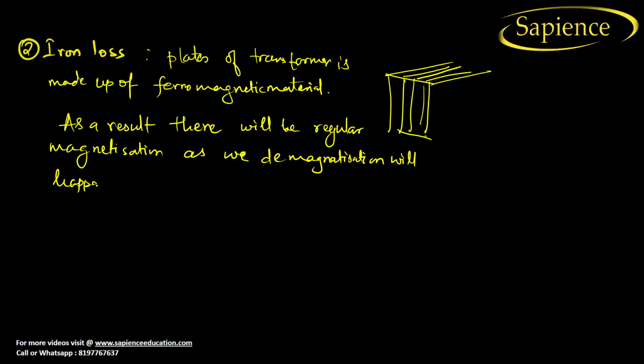But basically, most of the metal will not demagnetize 100%, and hence hysteresis will happen. We have studied hysteresis; it creates a hysteresis loop like this. It means that there is a loss of energy because it won't get fully demagnetized. So this type of loss is known as hysteresis loss.